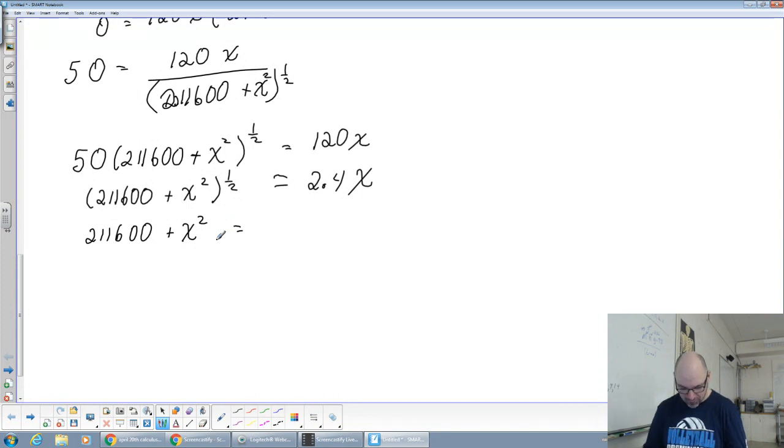What's 2.4 squared? 5.76 x squared. Now it's simply a case of solving for x squared. So you can subtract 1x squared from both sides.